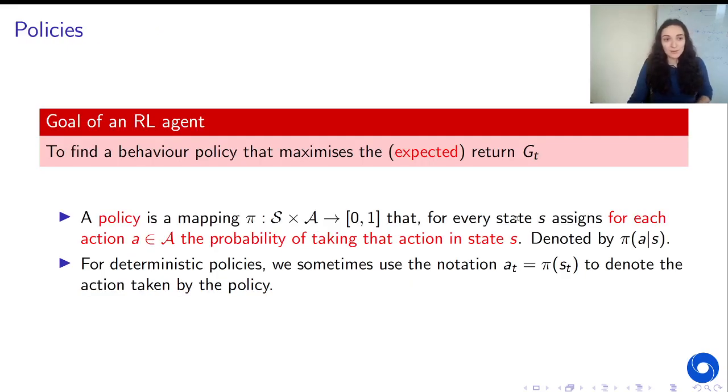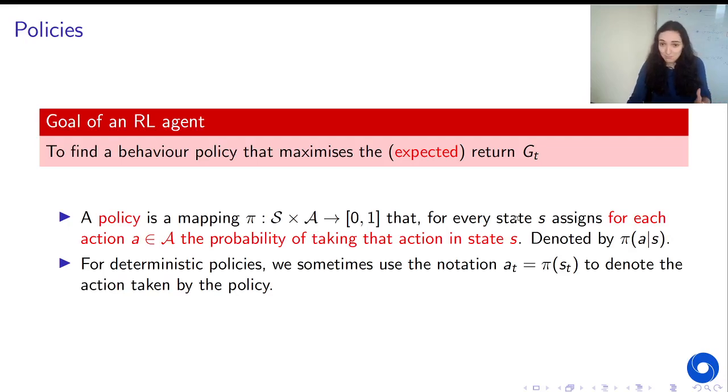The goal of the agent is to find a behavior policy that maximizes this return. And as I said before, this G is a random variable that depends on the MDP and the policy. So what we want is a behavior policy that maximizes the expected value of this return.